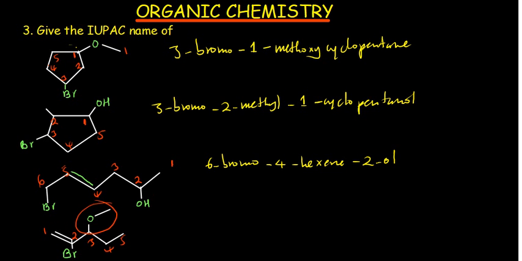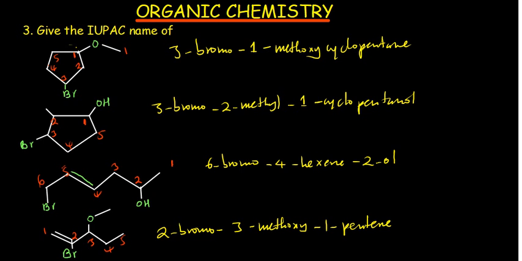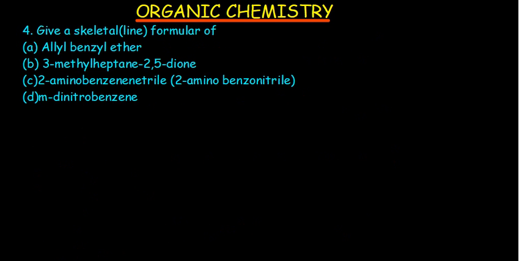Actually, this is just a group, so I'll not even talk about priority because we always consider the shorter part as a group. At position number 2, I have a bromine, so 2 bromo. And then at position number 3, we have a methoxy because of the oxygen. And then position number 1, that's where we have a double bond, so 1 pentene. There are 5 carbons in this compound, so that will be the name.